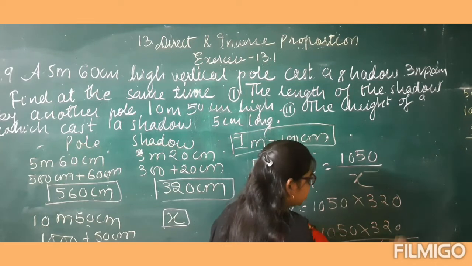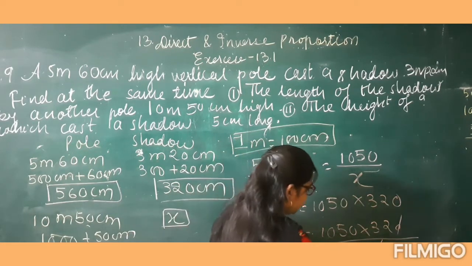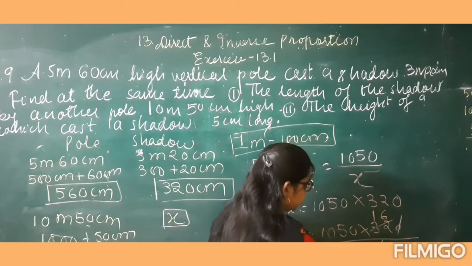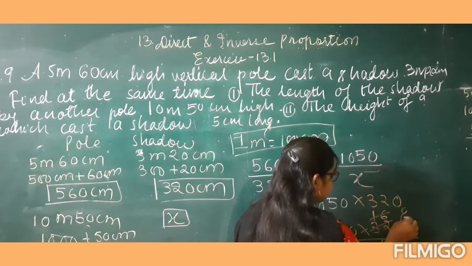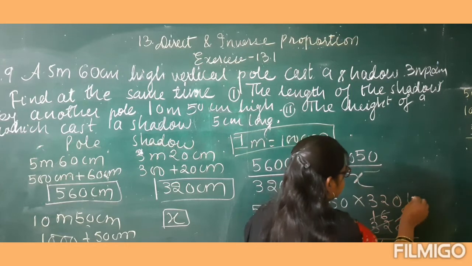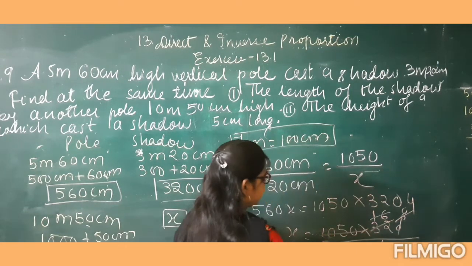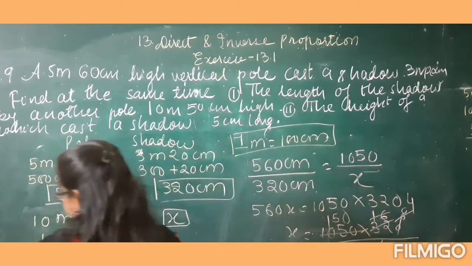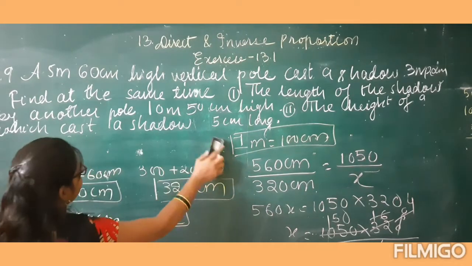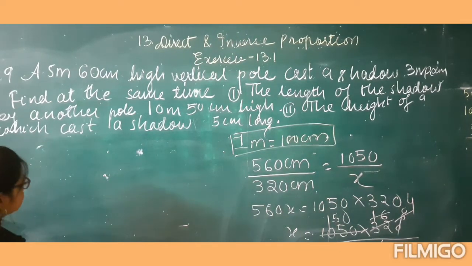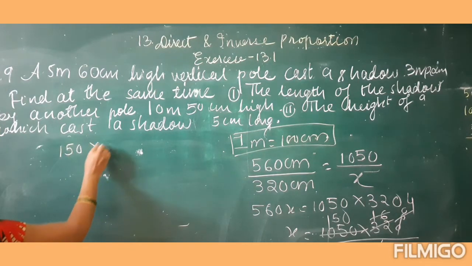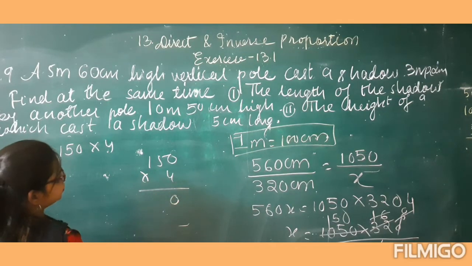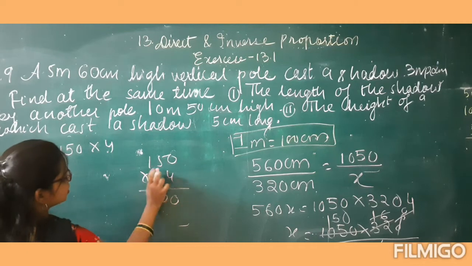From here you can see this 0 and this 0 gets cancelled. 2 2s are 4, 2 8s are 16, and so on, 7 5s are 35 and this 0. So you are remaining here with 150 into 4. You will get 150 multiplied by 4, 5 4s are 20, this is 600.